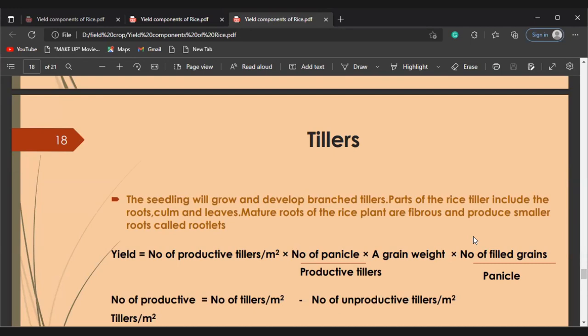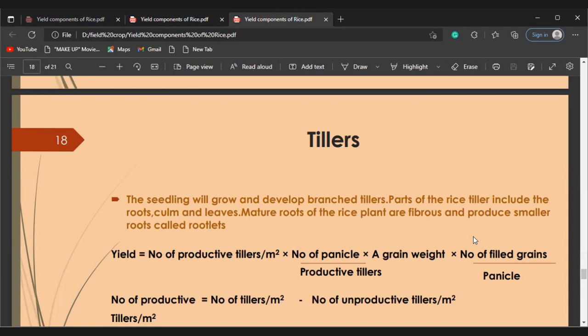Here, tillers. For the tillers, first of all, we have to know how many tillers there are per meter squared. Then, in the productive tillers, how many panicles are there? In one productive tiller, how many panicles? It will be 10 or 5, like that.